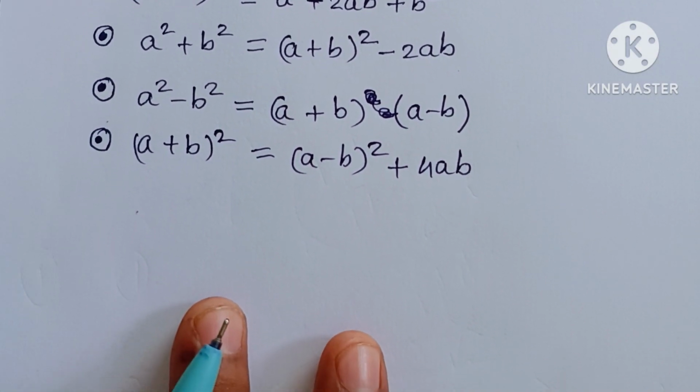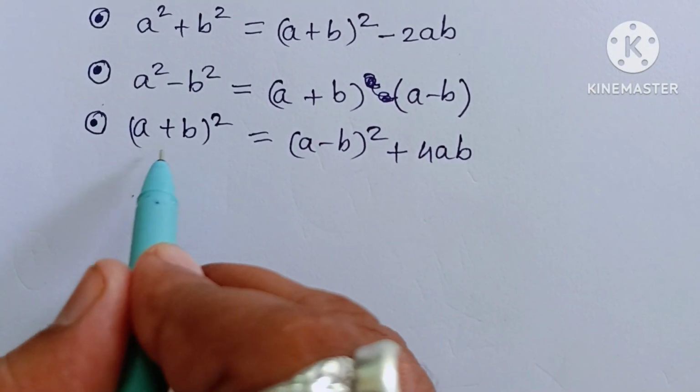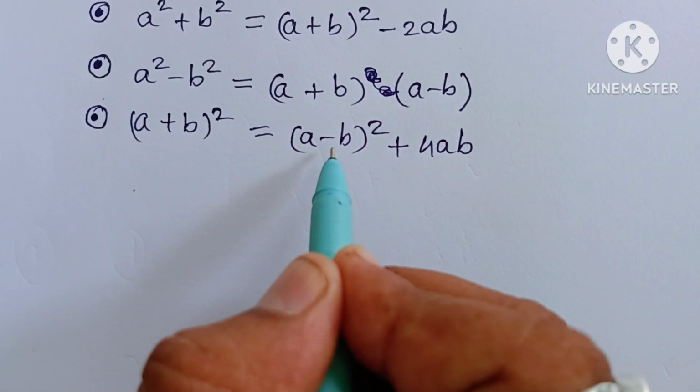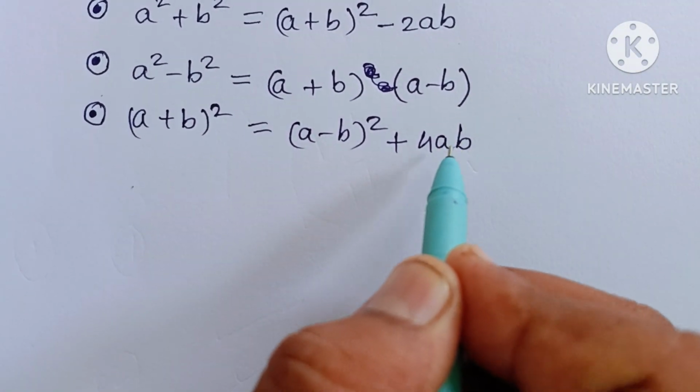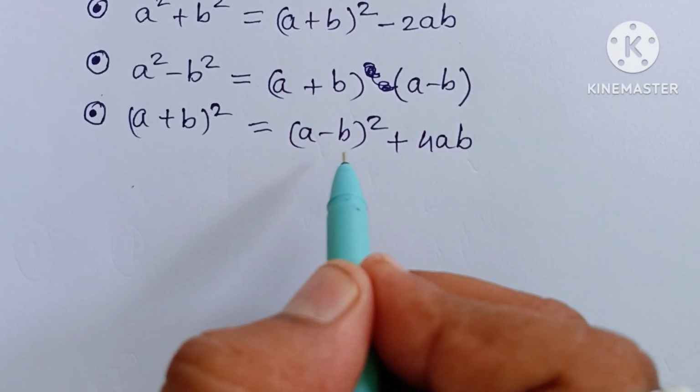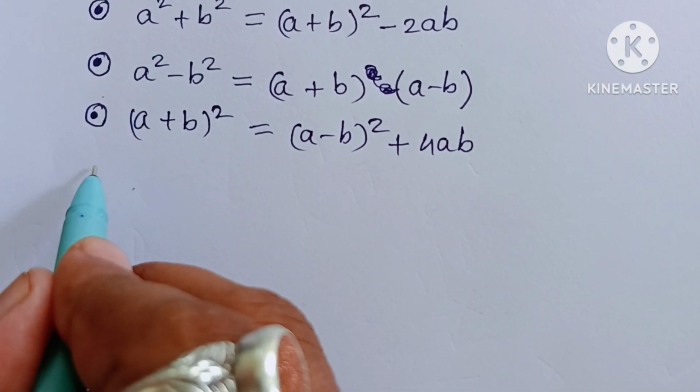See here, in the expansion, the minus 2ab will be subtracted from this 4ab, so we get plus 2ab, and so we get this expansion.